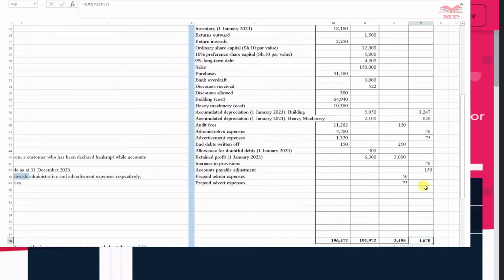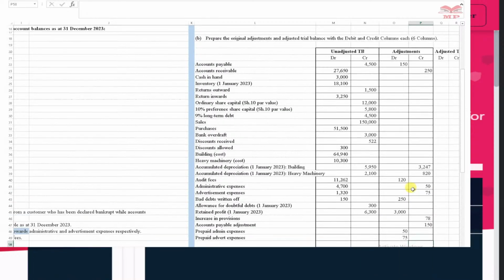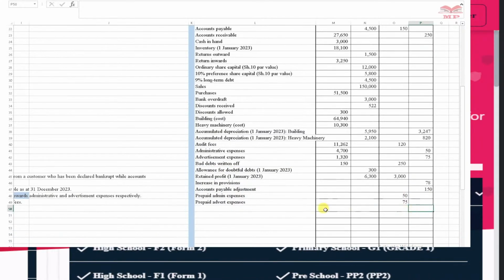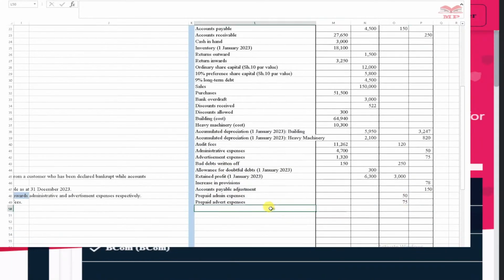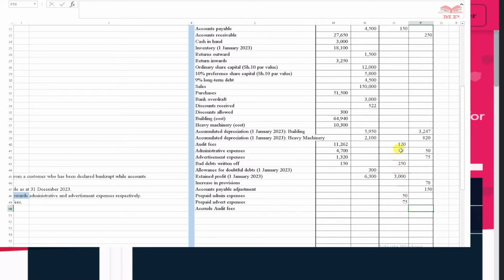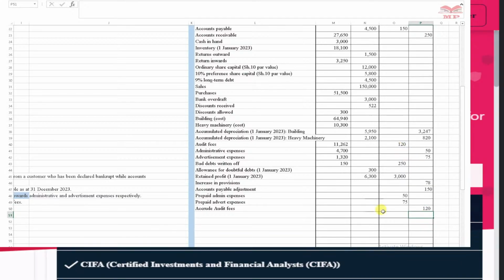Did we put the 120? Yes, you can see here, audit fees, 120. So now we are talking about the accrued audit fees. Right here, you put the same 120, just put it like that.